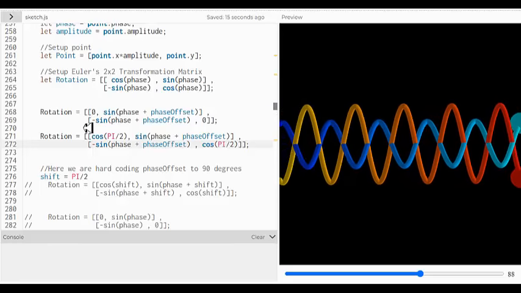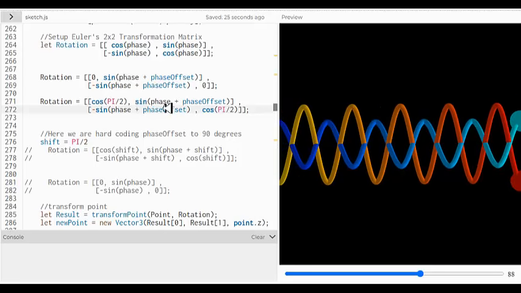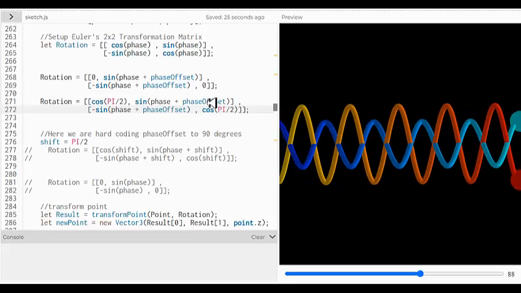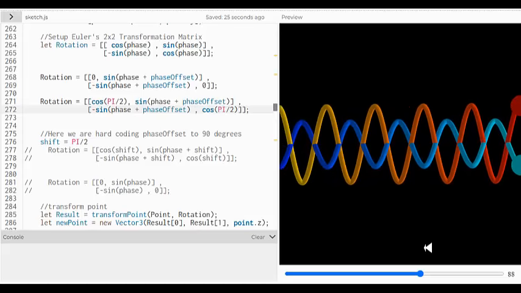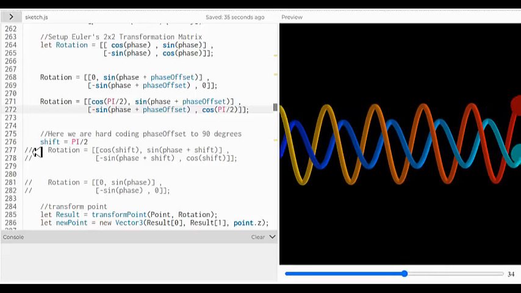Okay, so I'm going to do one more thing here, because it seems that if I set this phase offset to pi over 2, then instead of making it a variable, I'm going to set that to exactly pi over 2.